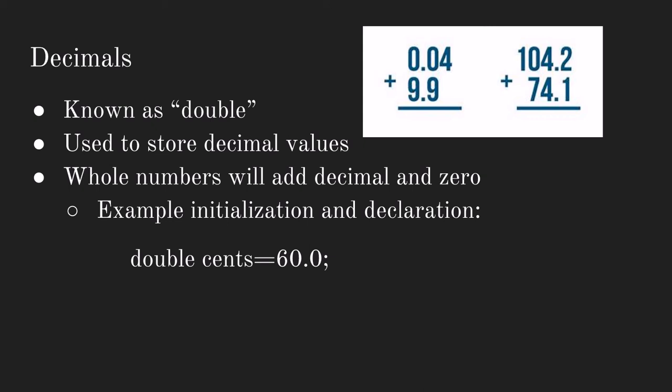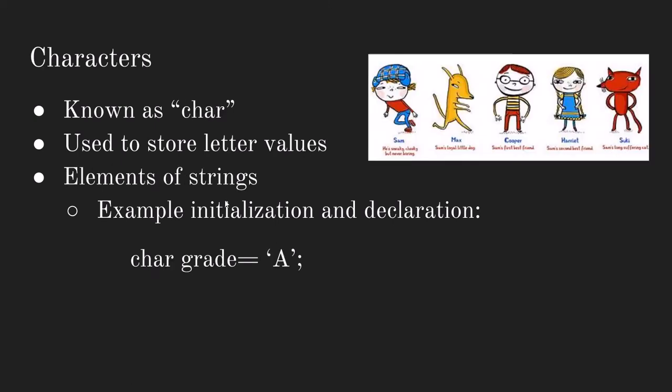So an example of this could be I have a double and I declare it with the name cents, and I store a value of 60 into that variable, and what ends up happening is 60 becomes 60.0.